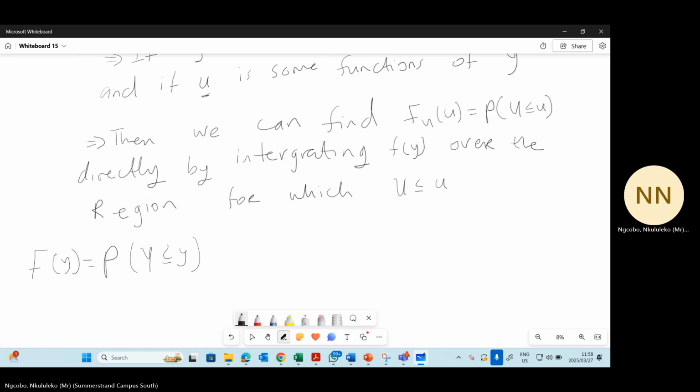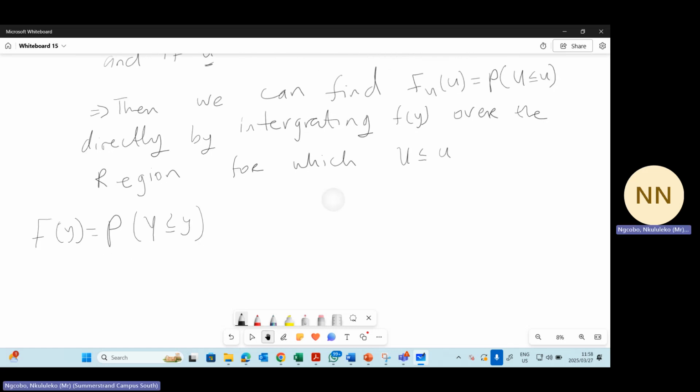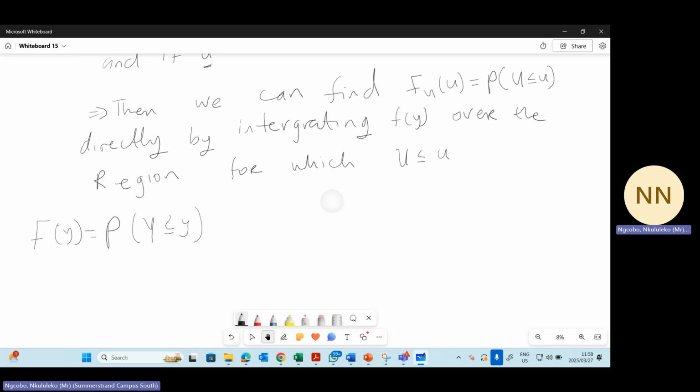So if we know that U is subjected to y random variables, then this makes F of u to be just the probability of U less than or equal to small u, since U is subjected to y random variables, right?